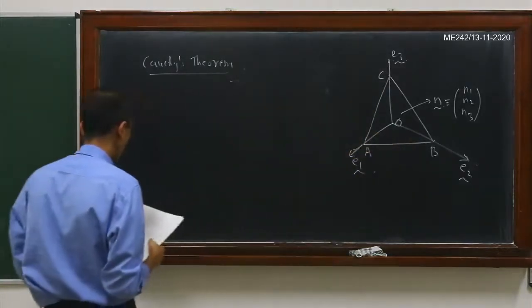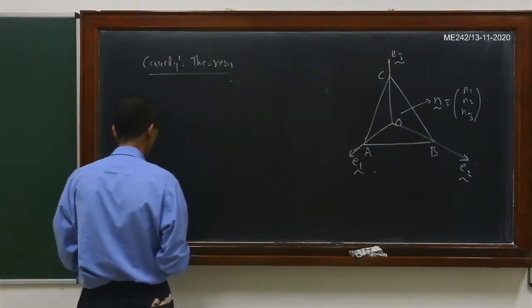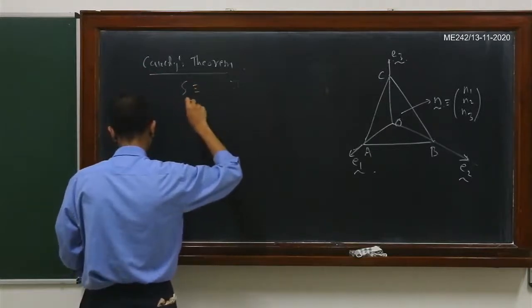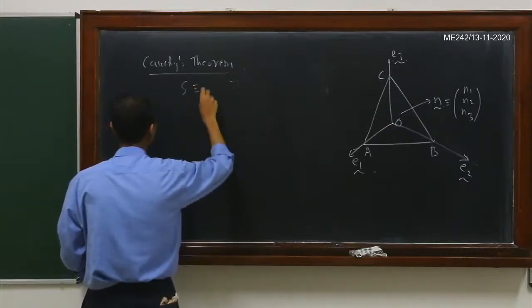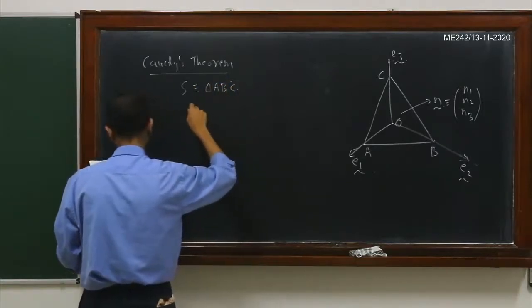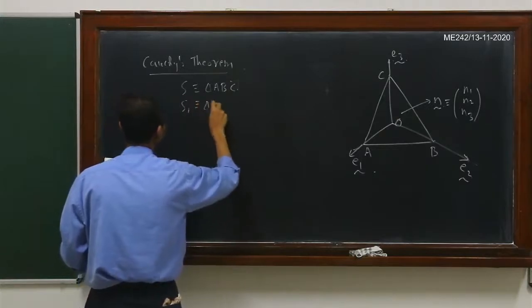Let us now give names to each of these faces. S is the triangle ABC. S1 is the triangle OBC.